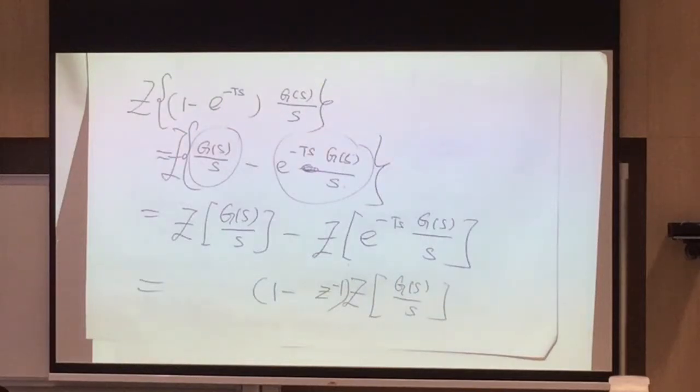And this becomes a standard formula for you to handle the zero-order hold. It means you can just use your transfer function G(s) divided by s, then multiply with this one, then you do the Z transform. And for that Z transform, now you are able to look at the table between the Z and S.